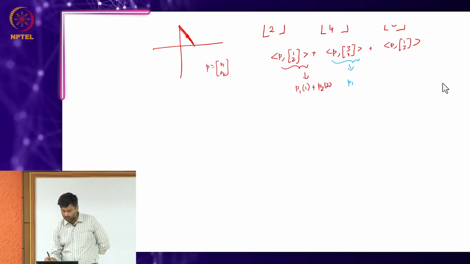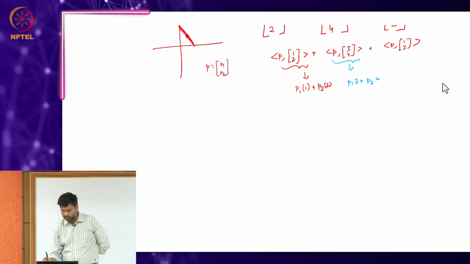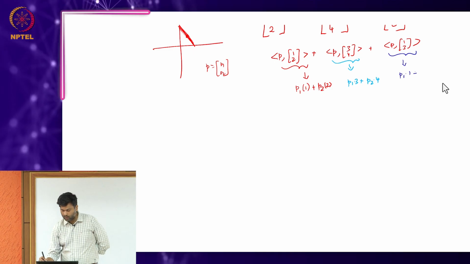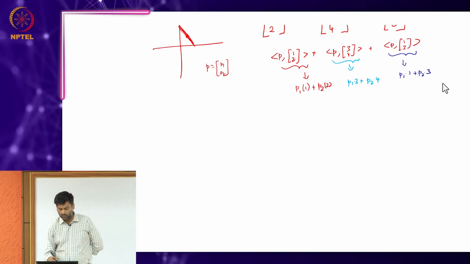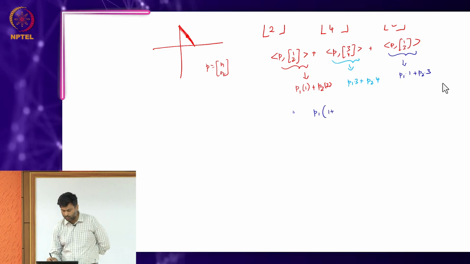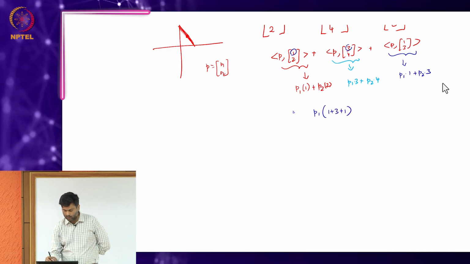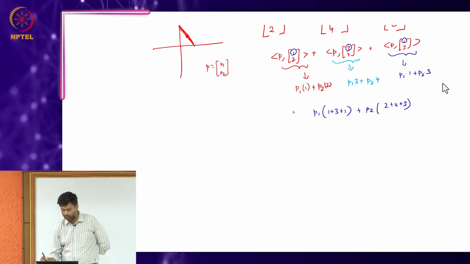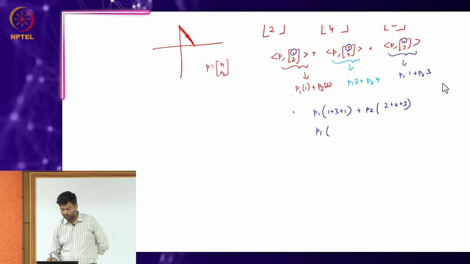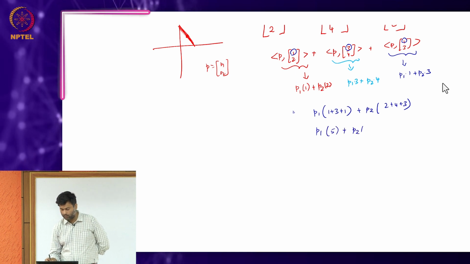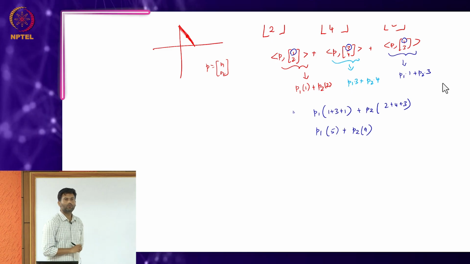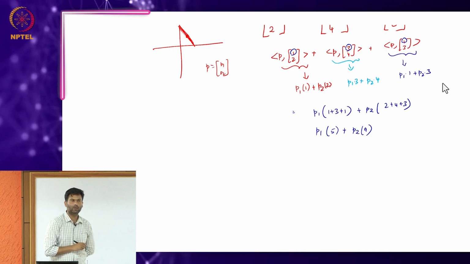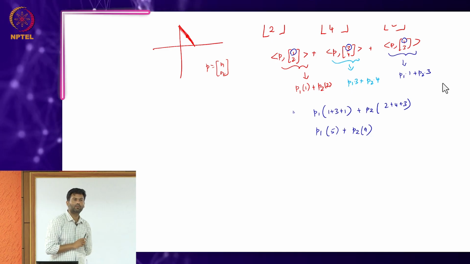This becomes P1 into 3 plus P2 into 4, and this becomes P1 into 1 plus P2 into 3. Altogether this is P1 into 1 plus 3 plus 1, plus P2 into 2 plus 4 plus 3, which is P1 into 5 plus P2 into 9. P1 is 1 and P2 is 0 is what he is saying will give us the smallest. Why not anything else?